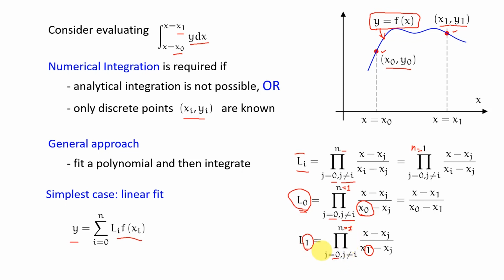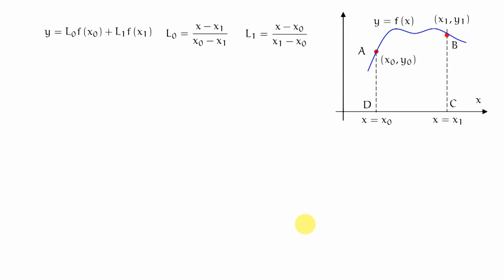Here I equals 1, so j cannot be equal to 1, so the only option is j will be 0. So I have x minus x0, x1 minus x0, and thus this sum Li f(xi) is given by L0 f(x0) plus L1 f(x1), and this L0 and L1, we have the expressions now available.